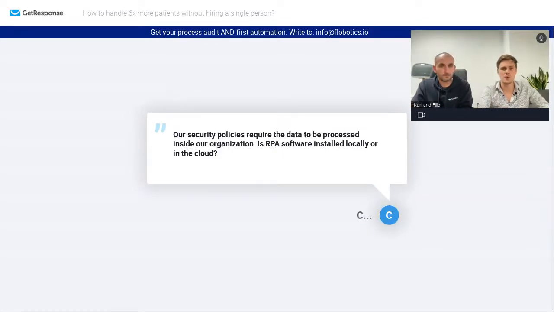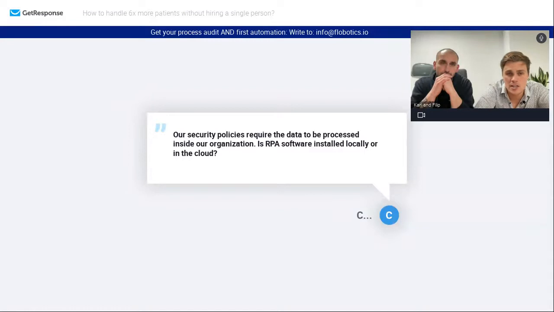Another one. Our security policies require the data to be processed inside our organization. Is RPA software installed locally or in the cloud? That's a very good question, Chris. And I think they can be installed both ways, Clara. Am I right? Both. So yes, they can be installed in both ways.